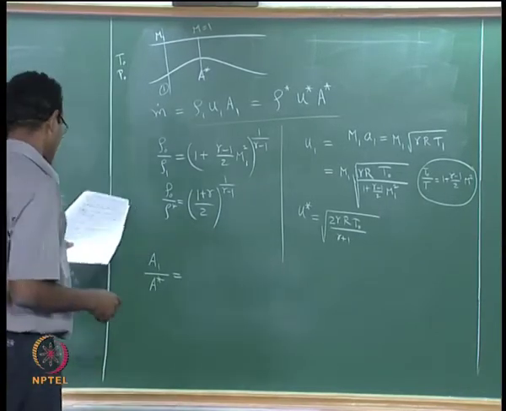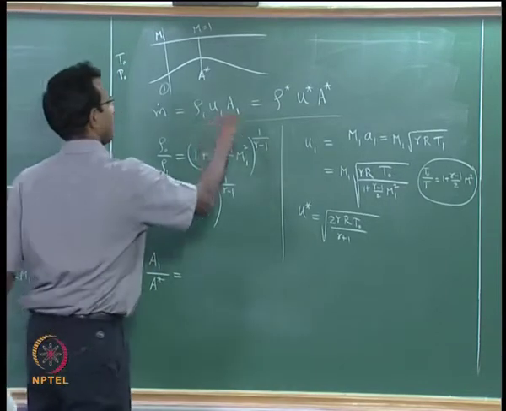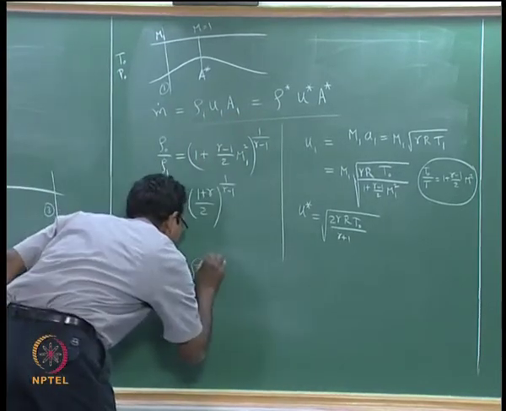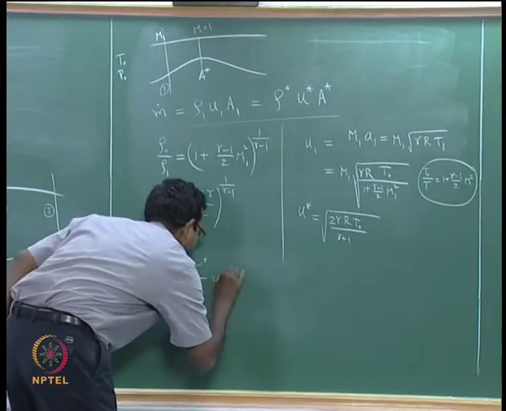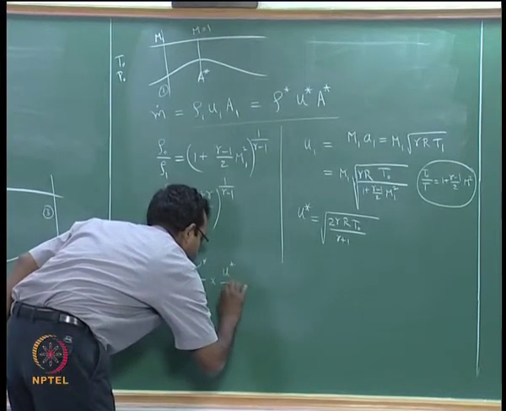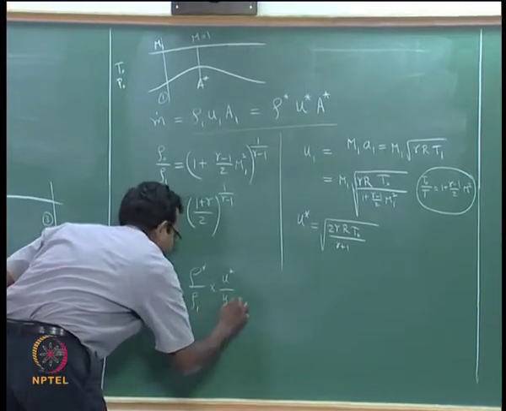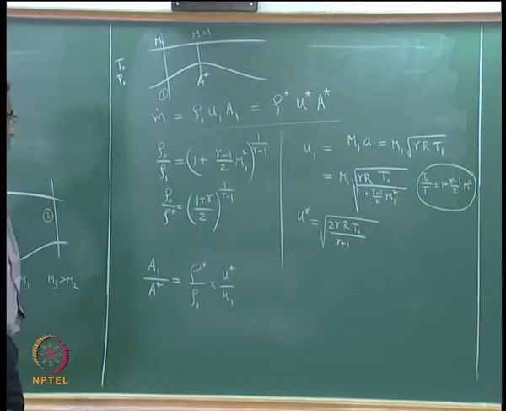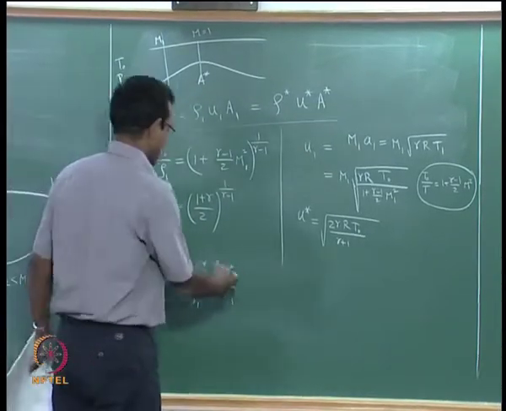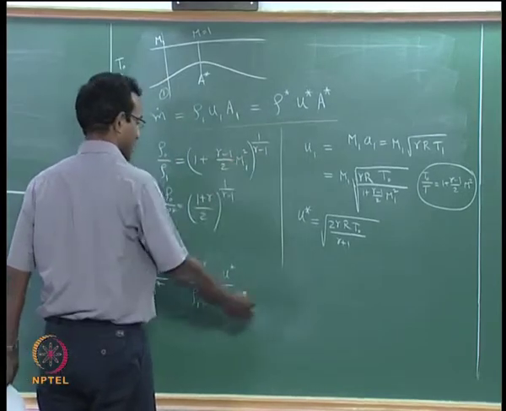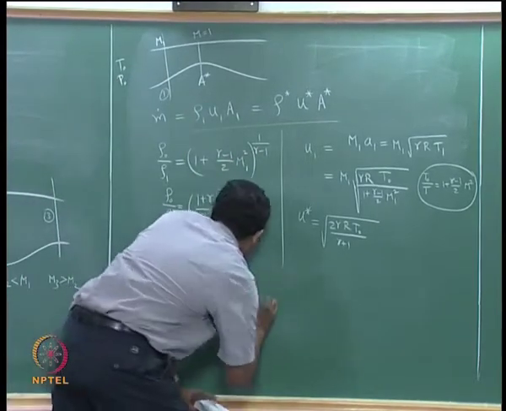If I do this, I have to take the remaining things there, rho star by rho multiplied by u star by u. Actually I have to write it as rho 1 and u1, and we just have to substitute these functions inside there.